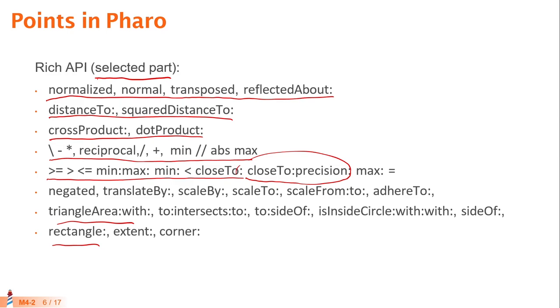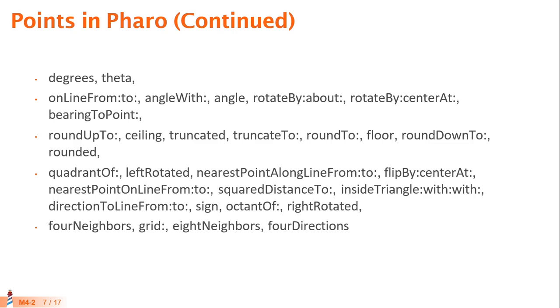So we have a really rich API. And if we continue looking, they have operations to calculate the angles that these points have with the origin, or we can calculate neighbor points or the directions or vectors in the different directions from this point. So we can see that we have a really rich API that the client can use to operate on points.